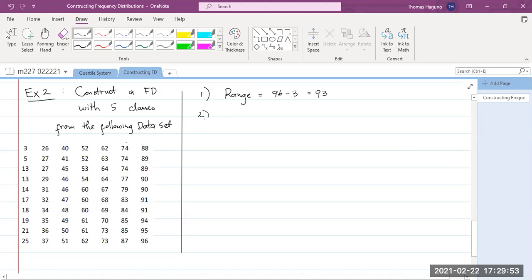And then class width is the ceiling of the quotient of 93 over 5. I believe that's 18.6, but we will round it up to 19. Then the frequency distribution will be as the following.